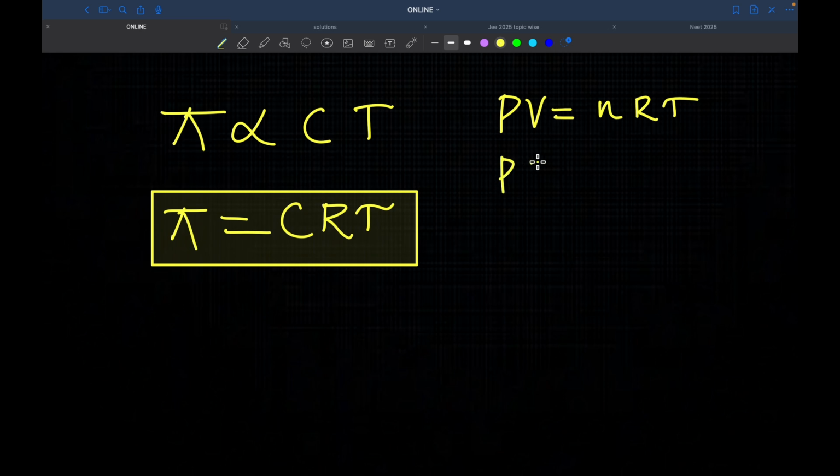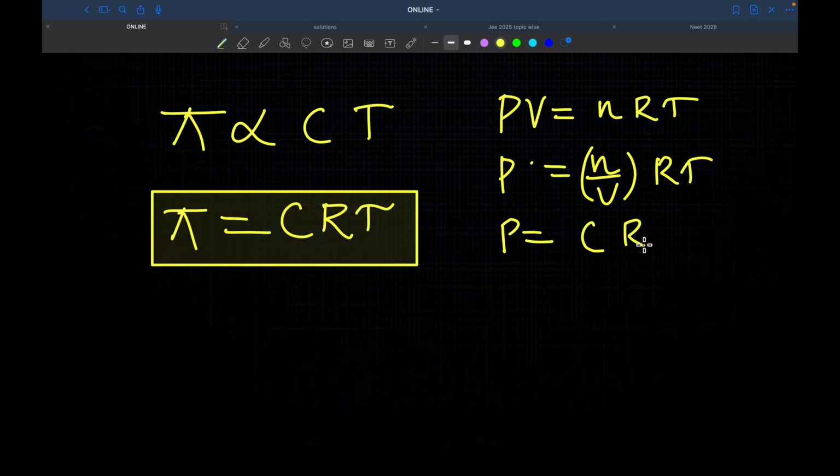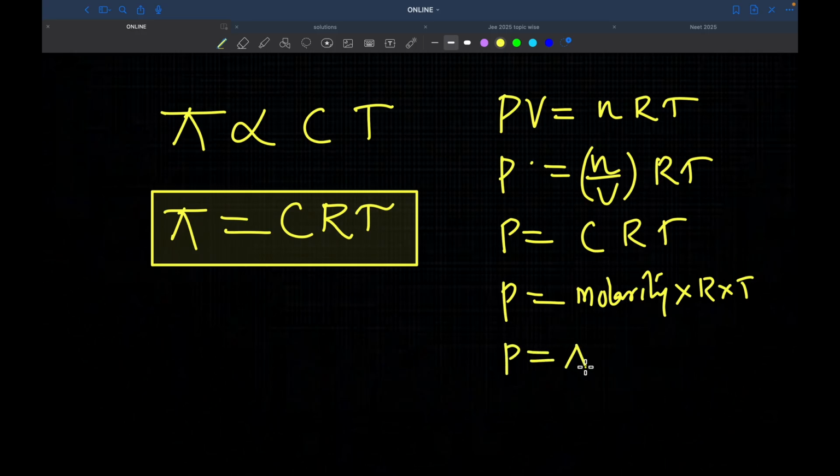So from this we can write P equal to n by V into RT, and n by V is nothing but the concentration. So P equal to concentration, meaning we have to take molarity, multiplied by R multiplied by T, but P is equal to pi. Why?